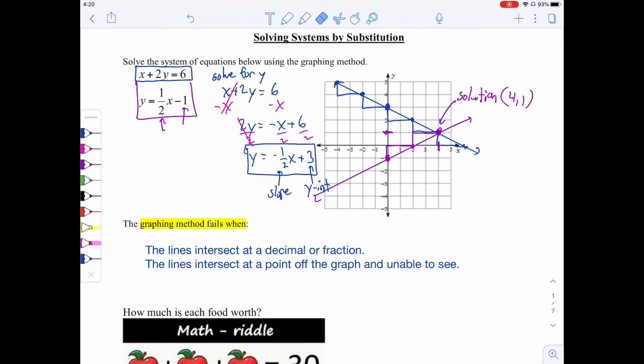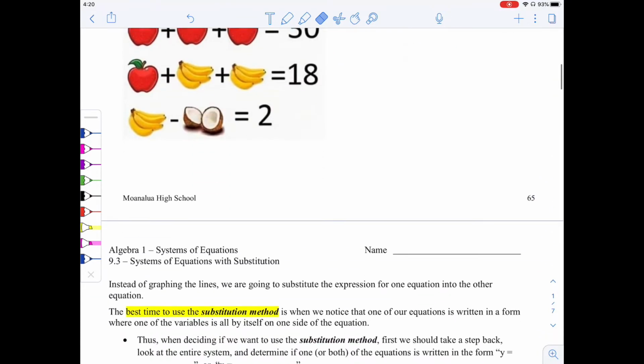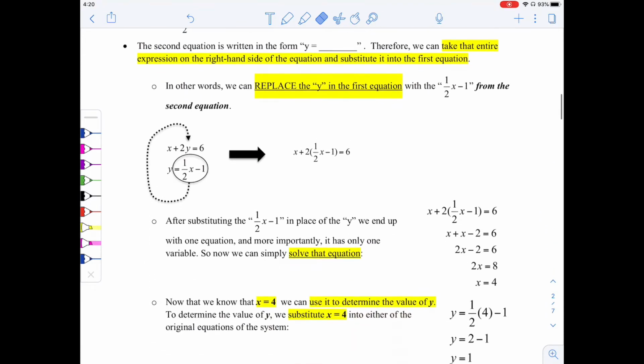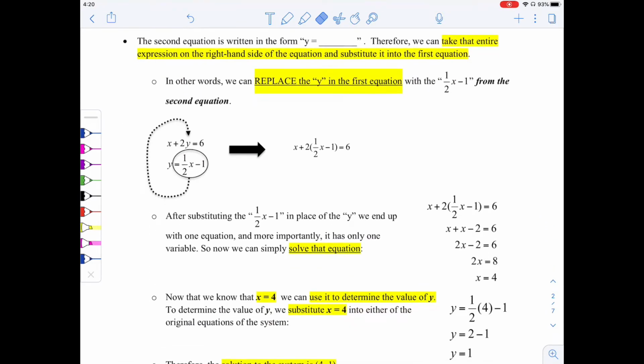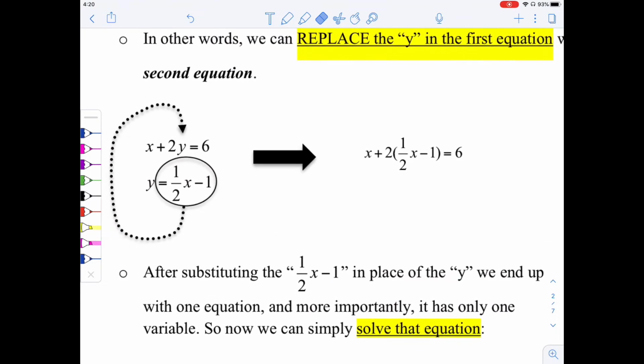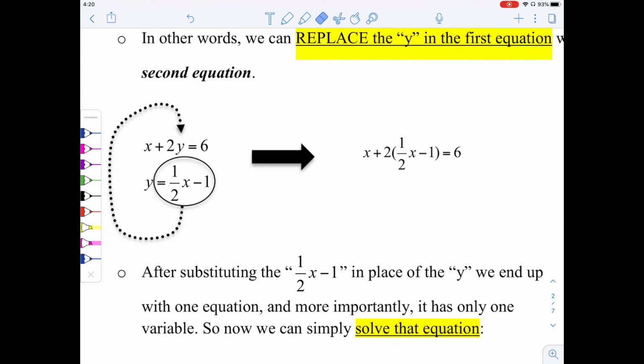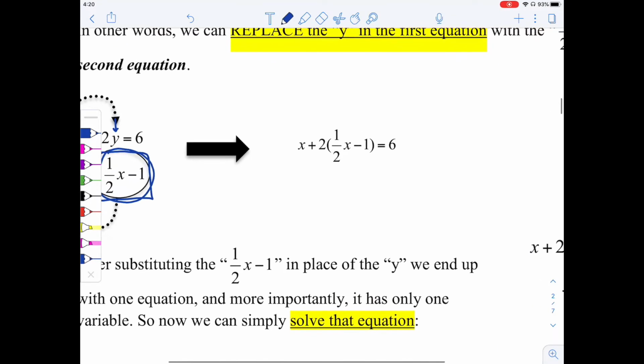Okay, so we know solving systems by substitution is one method to help us when the graphing method fails. How we do that is we just substitute the entire expression in. So when given y equals 1/2 x minus 1, we could take the entire right side, 1/2 x minus 1, and substitute it in for y, because y equals that.